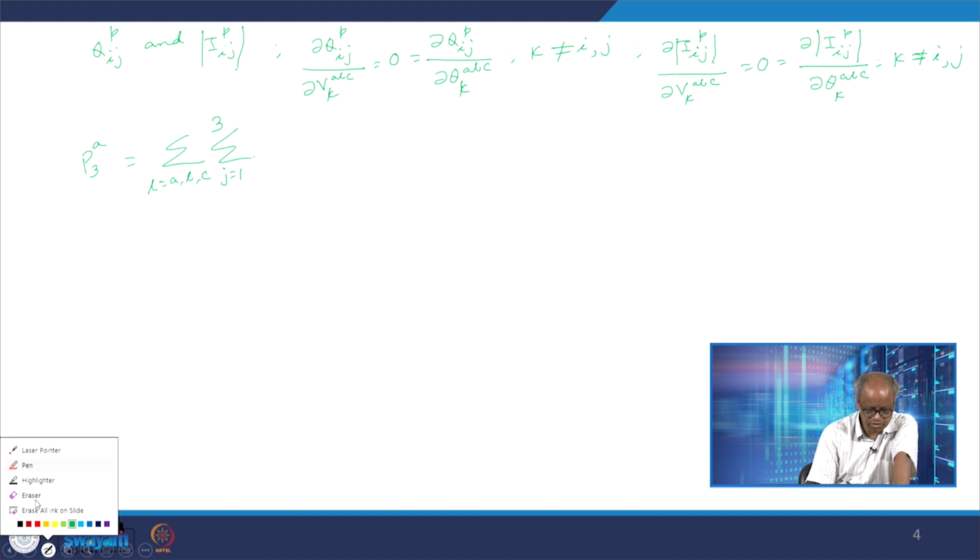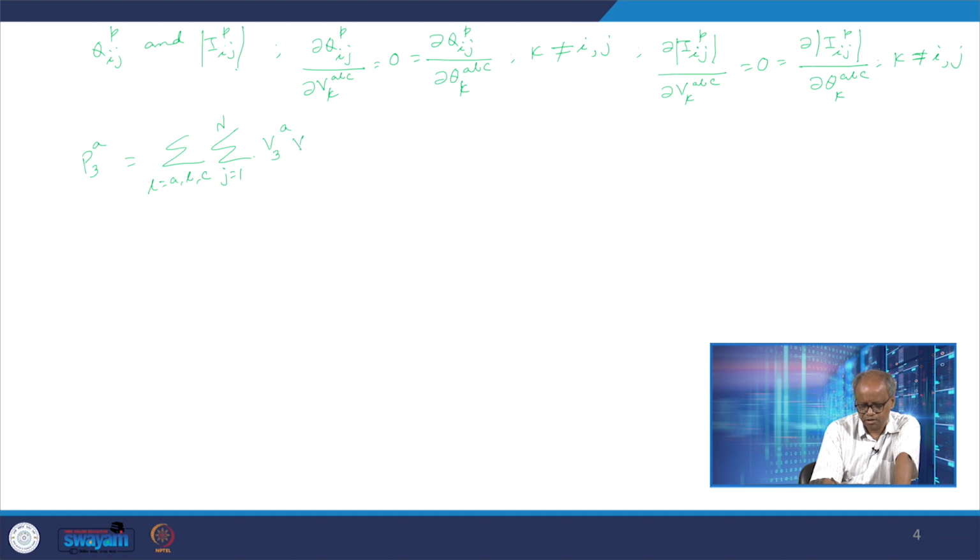In general, n is the number of buses. So it is V3a and then Vjl, then Y3jal cosine of theta 3a minus theta jl minus alpha 3jal, right.